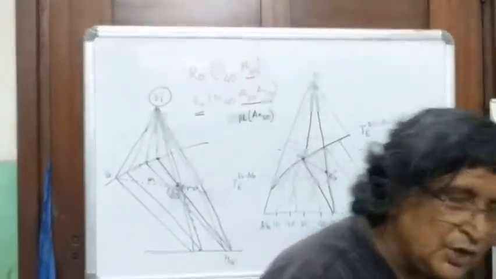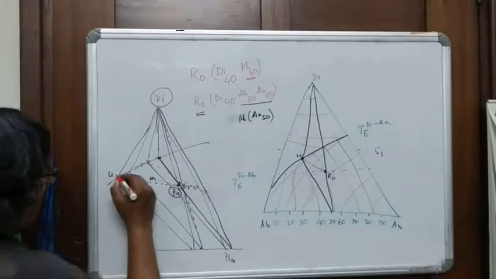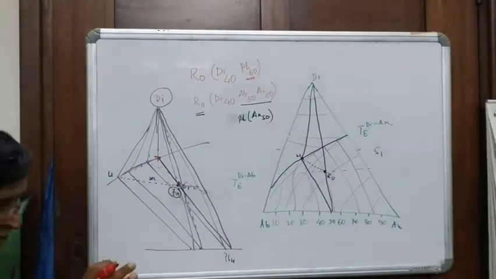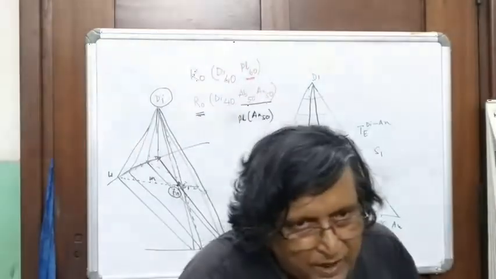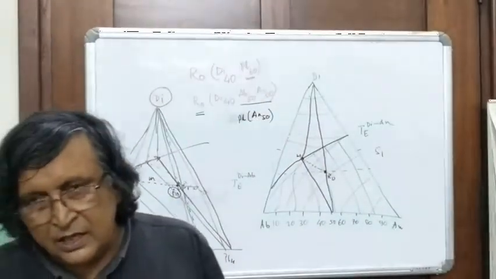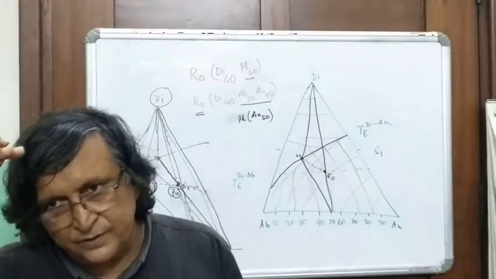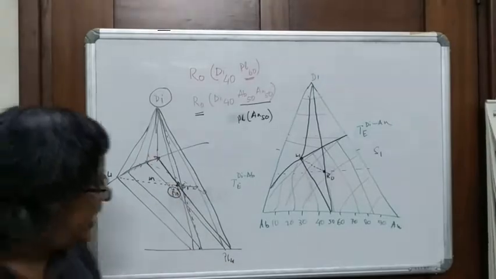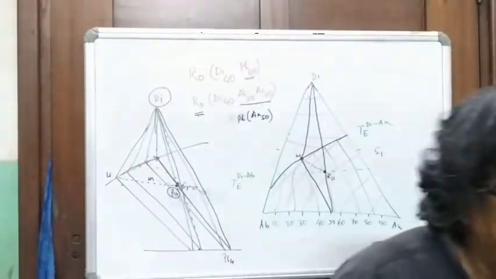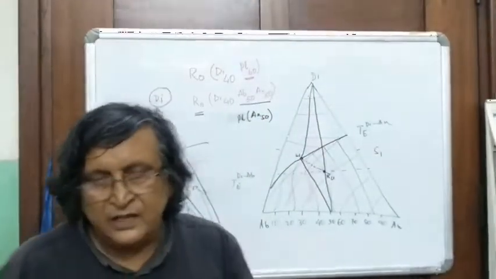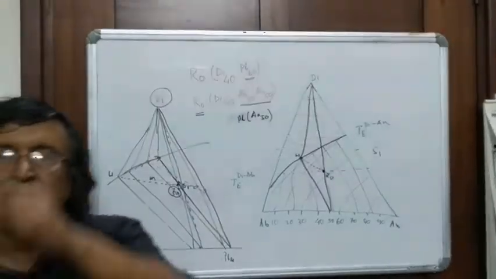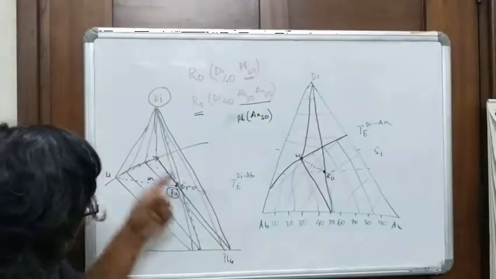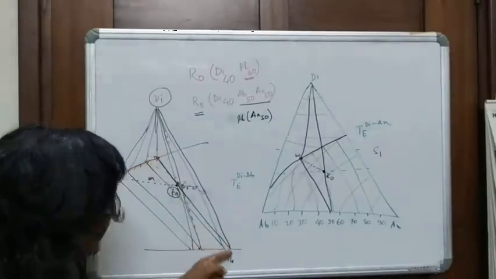Have you understood? So what is happening here? From here to here, if someone asks you the question, how will we find that dioxide is exhausted? The answer is simple. When the rock composition lies on the plagioclase-melt binary and not within the plagioclase-dioxide-melt phase triangle.